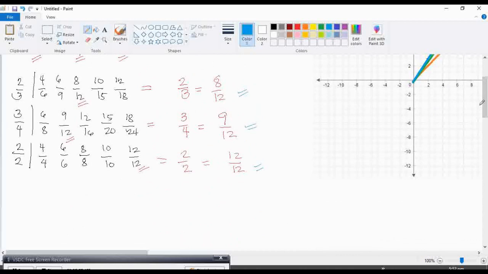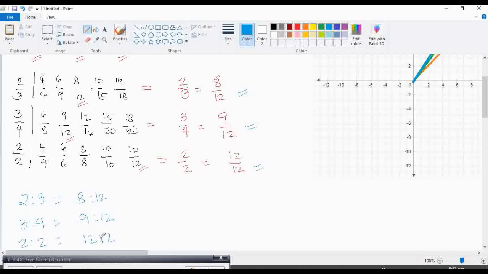So therefore, 2/3 or 2 to 3 will give you 8 to 12. 3 to 4 will give you 9 to 12. And 2 to 2 will give you 12 to 12.